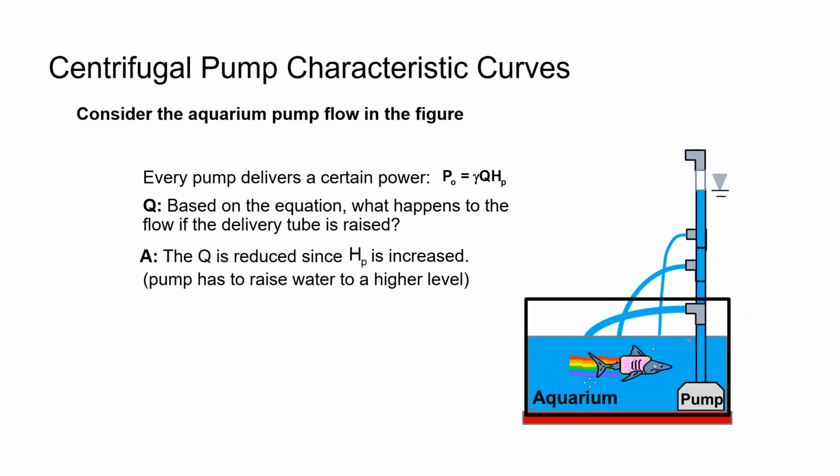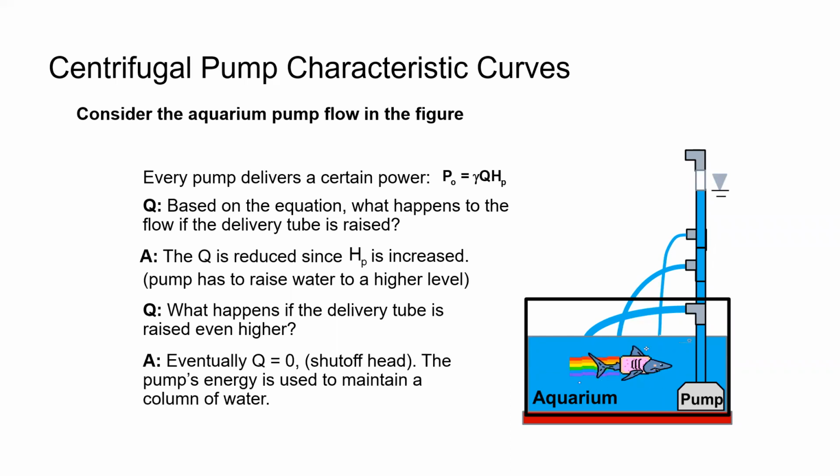Flow decreases, and this is what we measured here. The flow decreases as we increase either the pressure that the pump has to push through, or the elevation, because the pump has to raise the water to a higher level, and there's a trade-off between pressure and flow in a pump system.